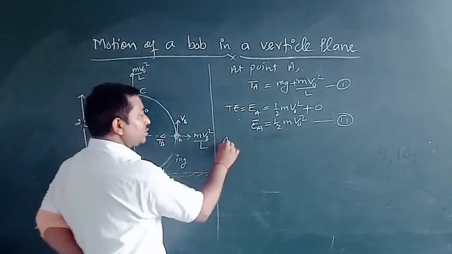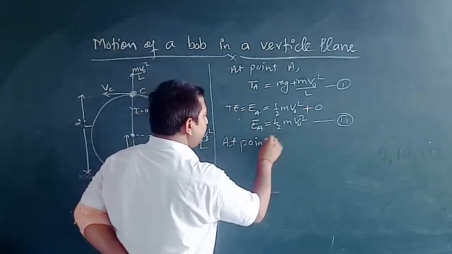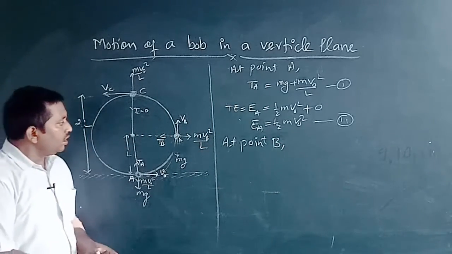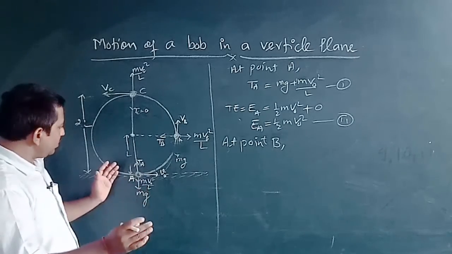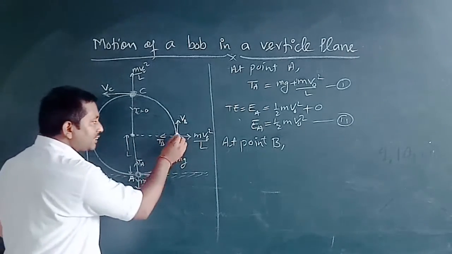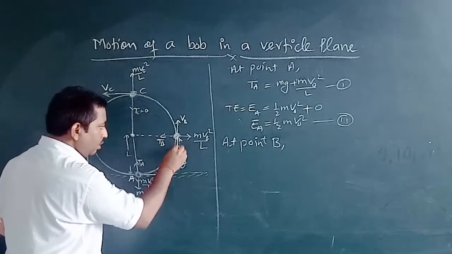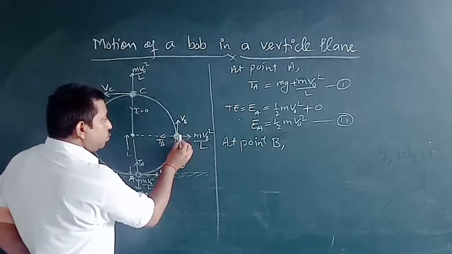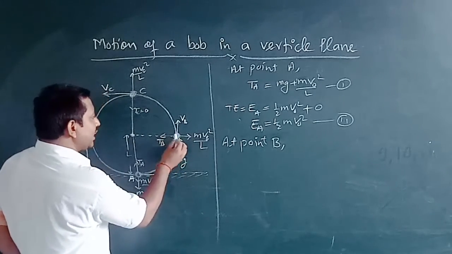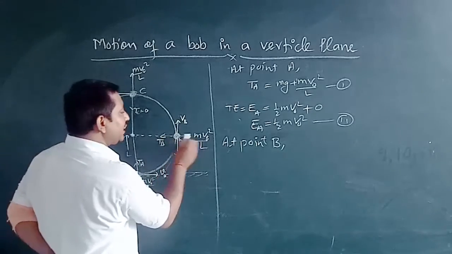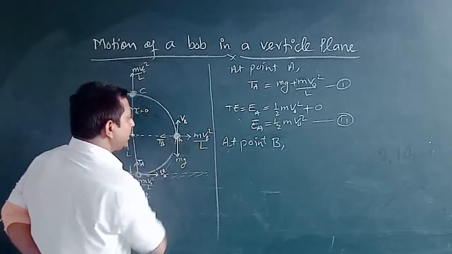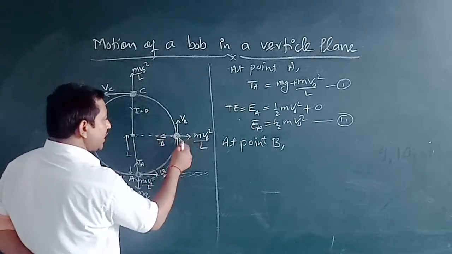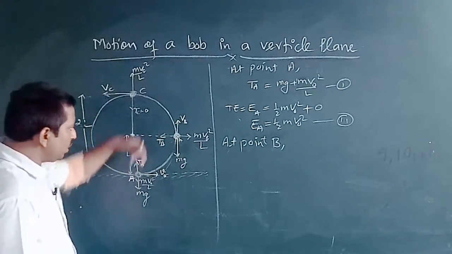Now at point B, what will be obtained in force form? The weight of the bob acts vertically downward, and the force which balances the tension in the thread is exactly equal to mv B square by L, because these two forces work in opposite directions, and mg is perpendicular to both.